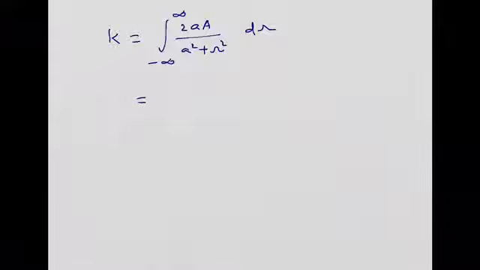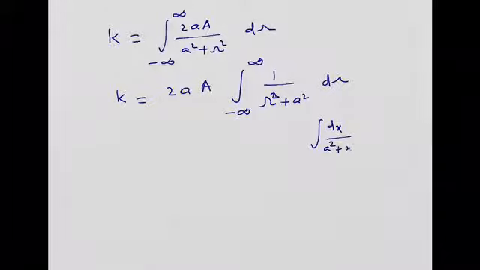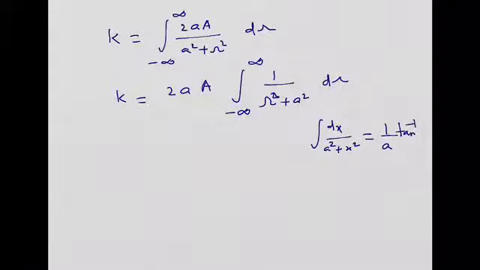In this integration, 2a and capital A are all constants. You can take them outside. So integration will be only over omega varies from minus infinity to plus infinity, 1 divided by omega squared plus a squared d omega. This looks very similar with the expression dx divided by a squared plus x squared, whose result is a very well known identity 1 by a tan inverse of x by a, isn't it?